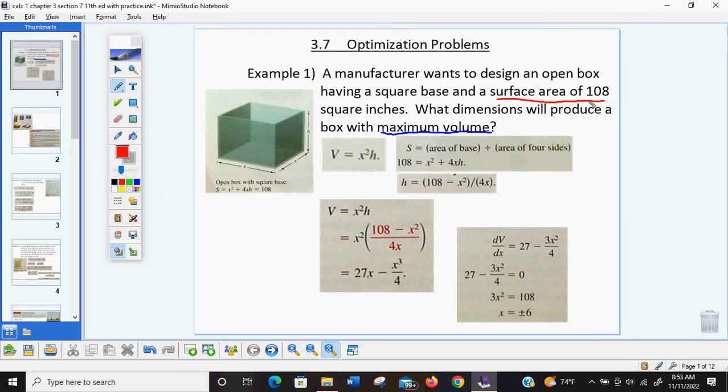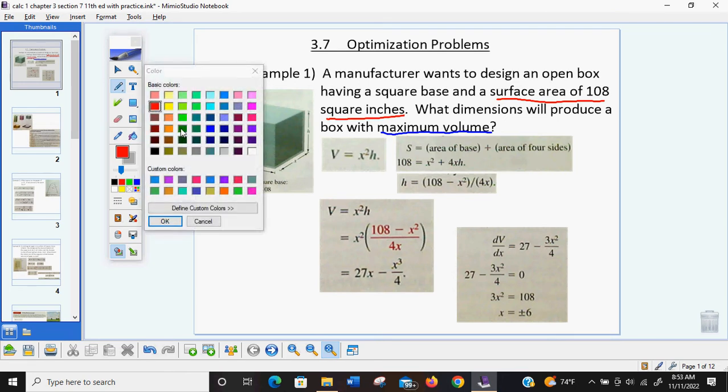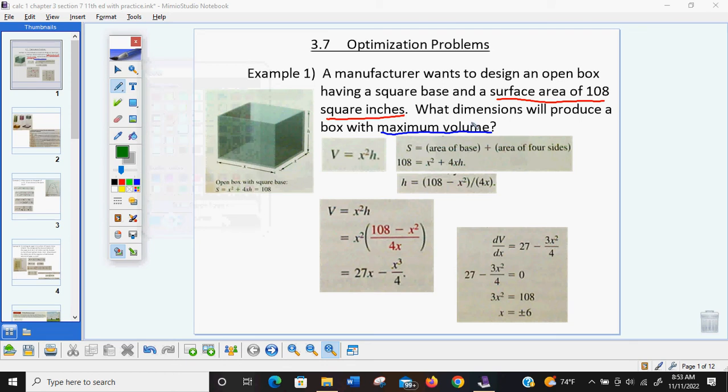Now the first thing you want to do is check and see what your primary equation is. To get your primary equation, you want to figure out what you are maximizing or minimizing. In this case, we are maximizing volume. That would be our primary equation. So let's talk about the equation for volume of this box.